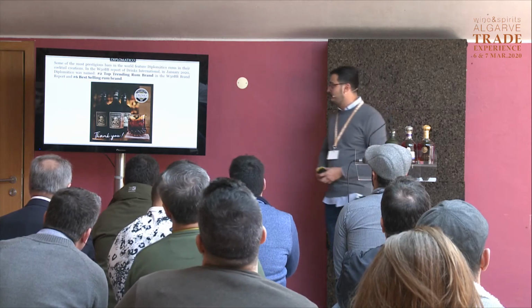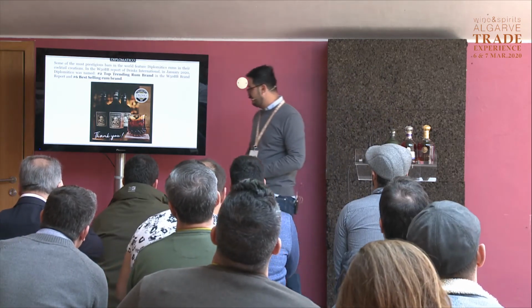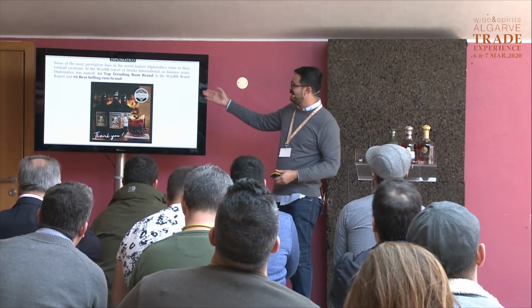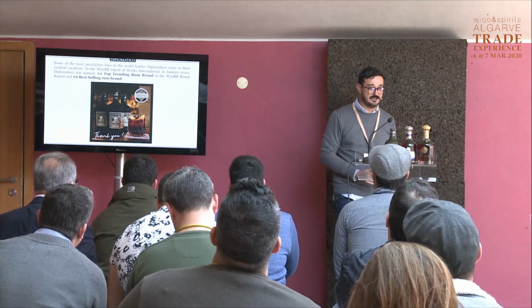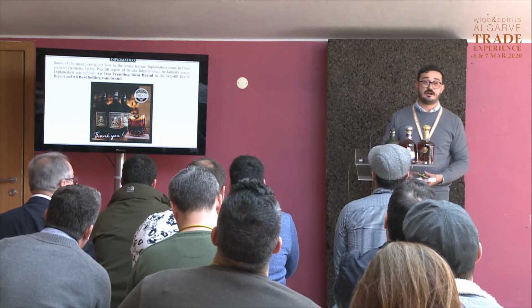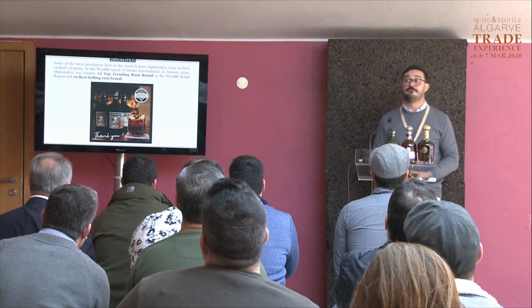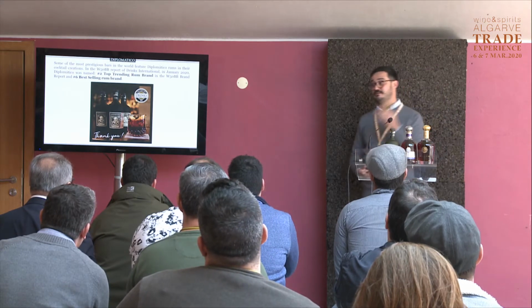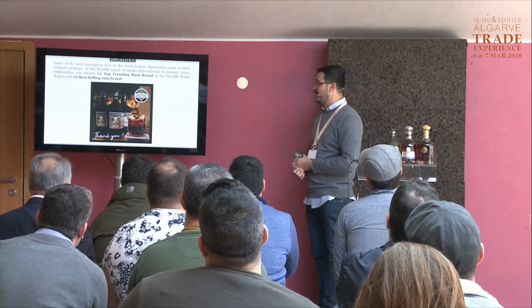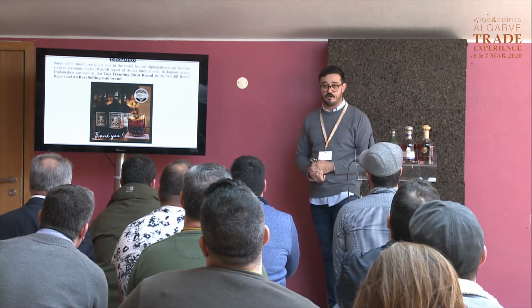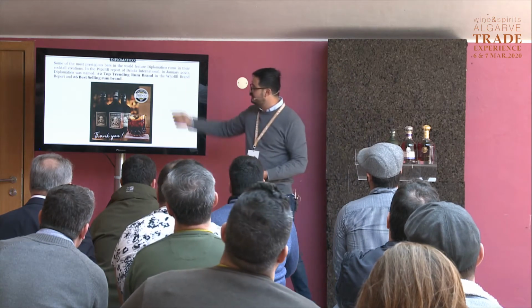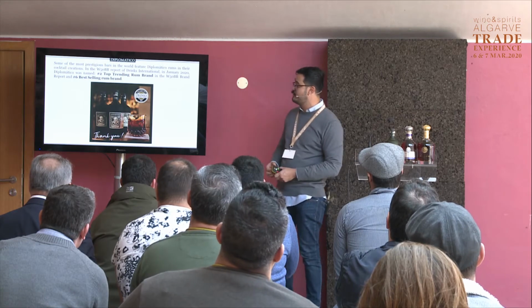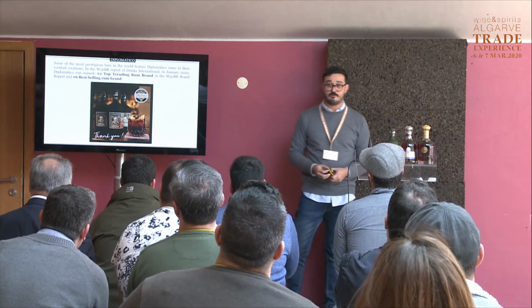So Diplomatico, thank God, because it gives me a job, has been very popular in the last years. Diplomatico started the exportation process in 2004. So since 2004 until today, we have a very nice popularity. In fact, we won number 2 top trendy rum brand and number 6 best-selling rum brand.